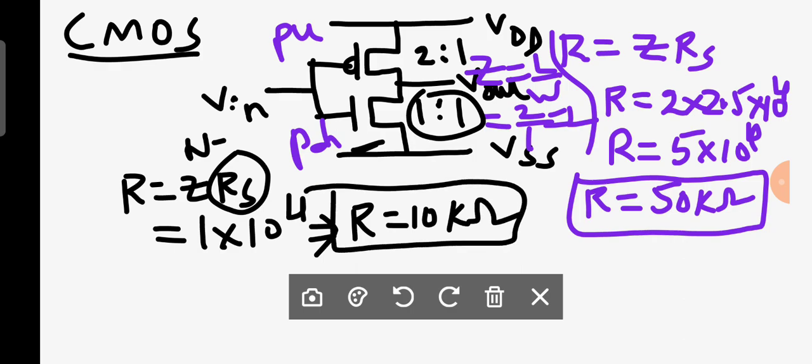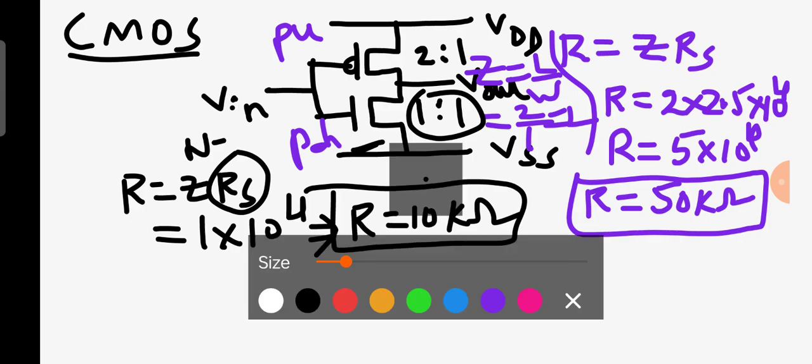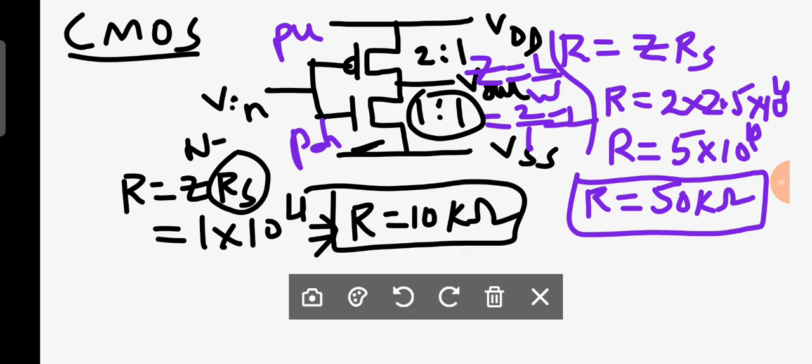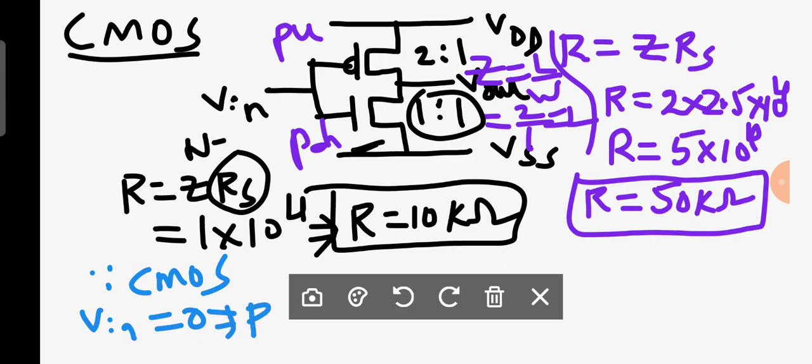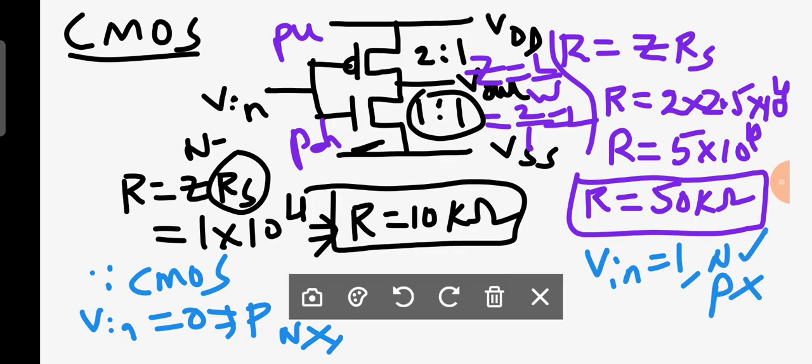Now the question is, calculate the on resistance between VDD and VSS. Now you have to observe a very important point from here onwards. Since it is a CMOS, when Vin equals 0, only the P transistor turns on and the N transistor turns off. When Vin equals 1, only N turns on and P turns off.